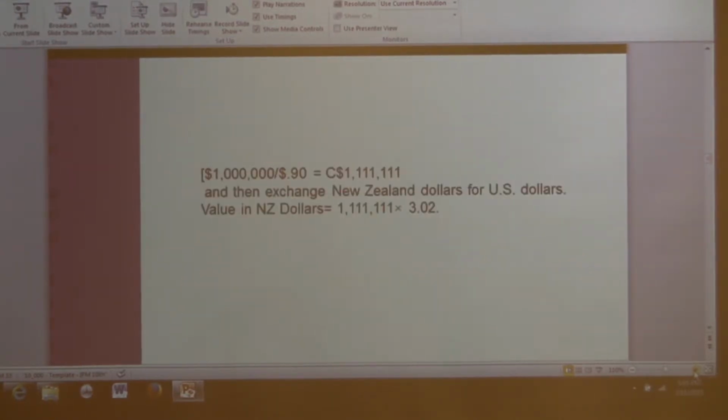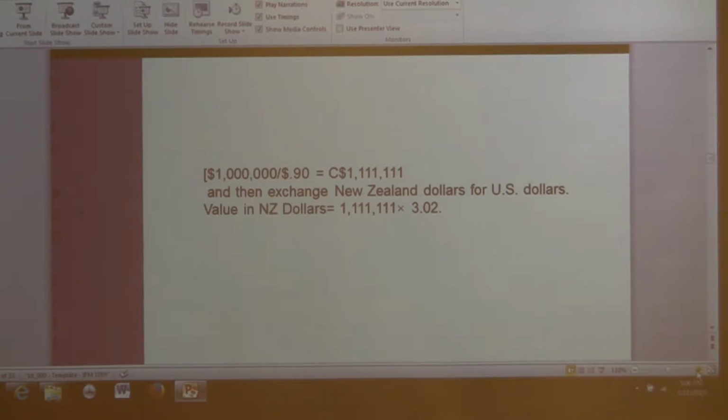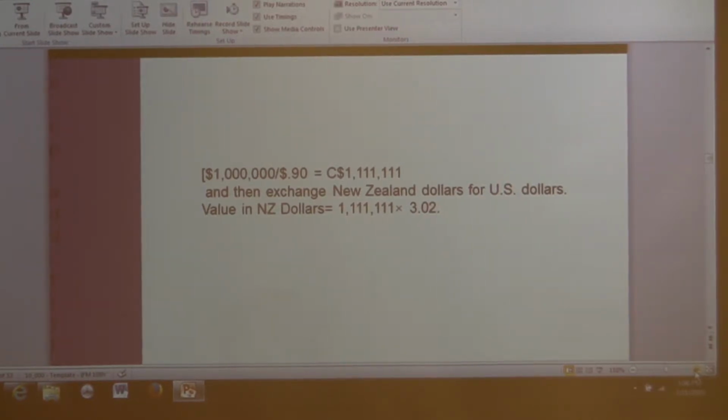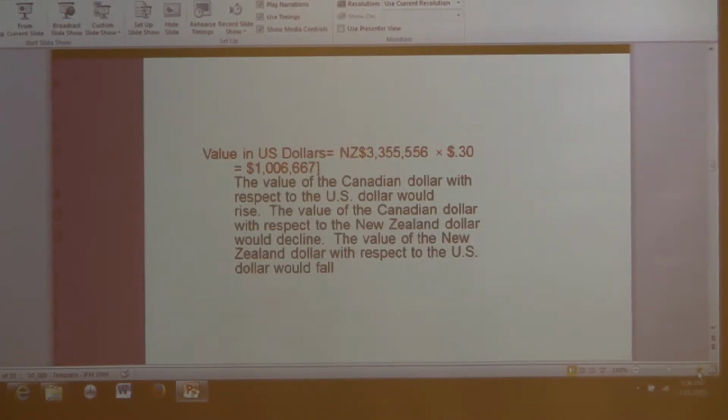So that gives you 1,111,000. That is what you get. And then here you have 1 million. So this tells you how many New Zealand dollars you get. How much is that? 3 million.